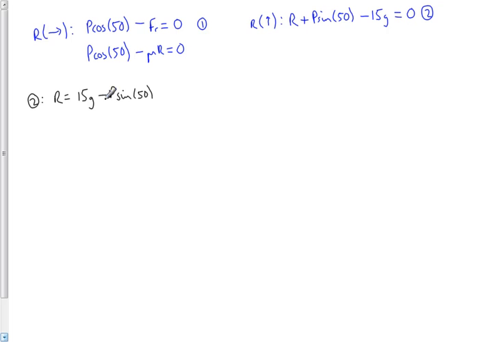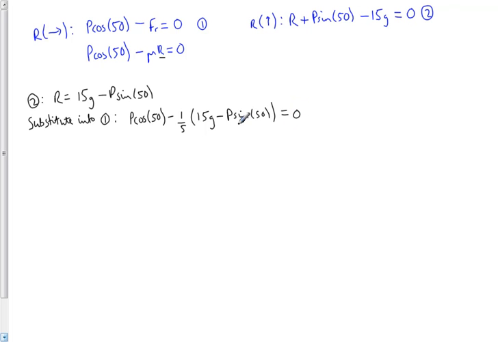And then if we substitute that into 1, substitute into 1 gives us P cos 50 minus 0.2, which is a fifth, times R. So R here is actually, we can put in this expression here, 15g minus P sin 50, and this is equal to 0.